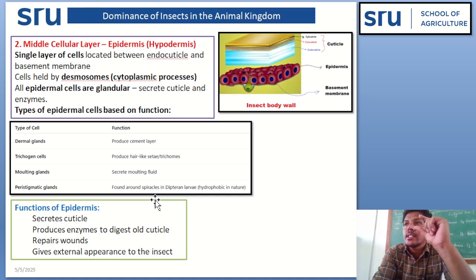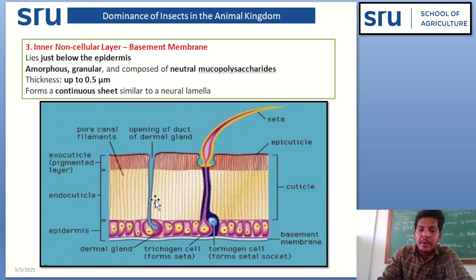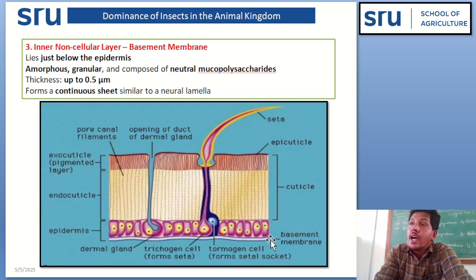So we already discussed cuticle and epidermis, and the next and last layer is the inner non-cellular layer, that is the basement membrane. See here, this white line is the basement membrane. This lies just below the epidermis and it is amorphous.